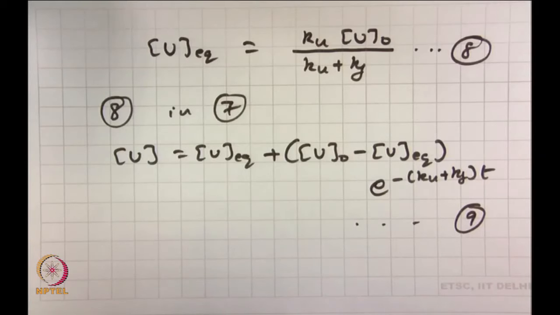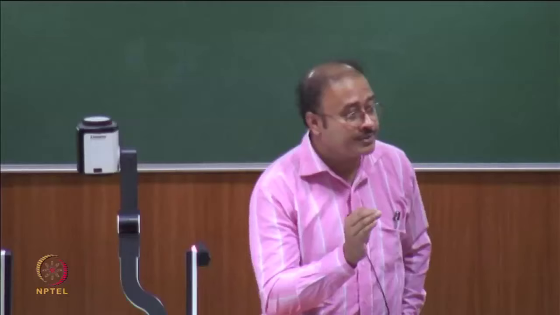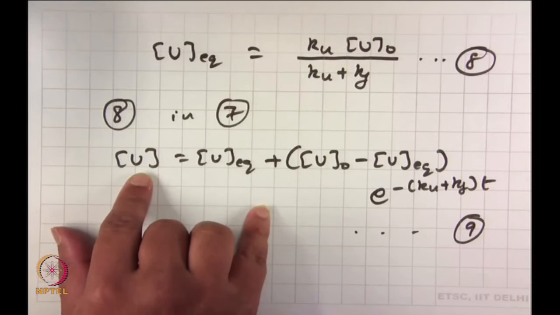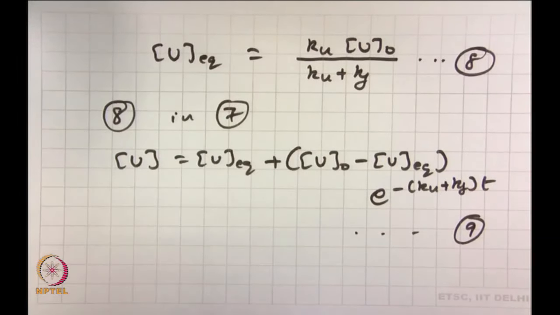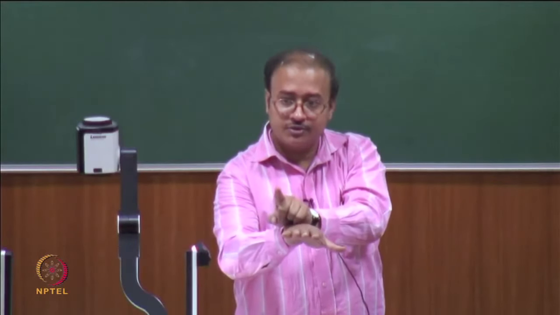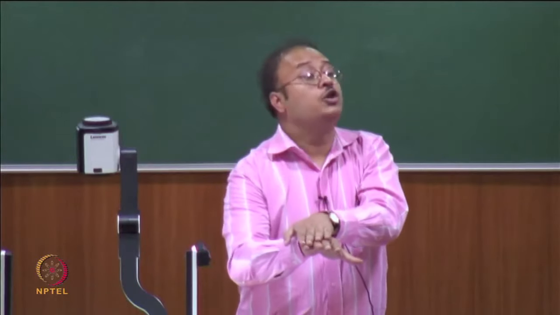Now, tell me what is the significance of this equation, how do you interpret it, or how do you look at it logically. This is what it means: if I look at my kinetics, the concentration of u at any given time should be, that means where the change stops has to be u equilibrium under those conditions, right. Now, how did the change take place?